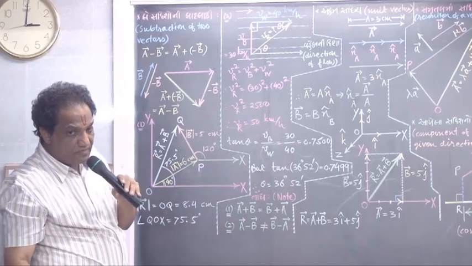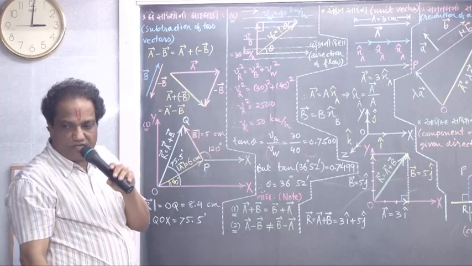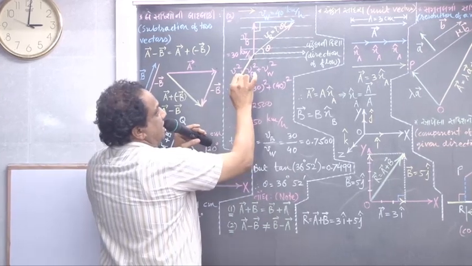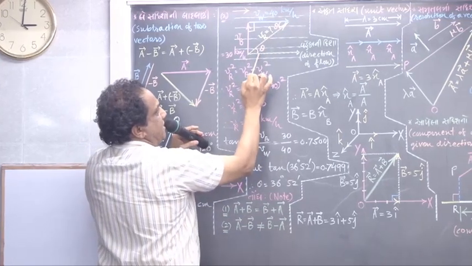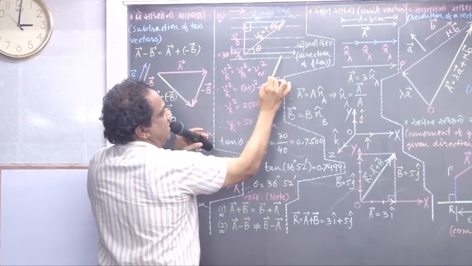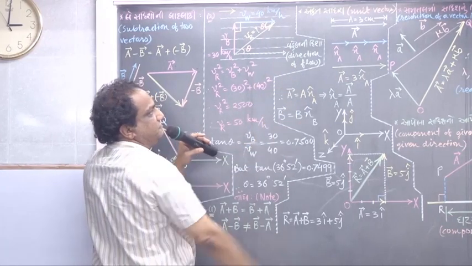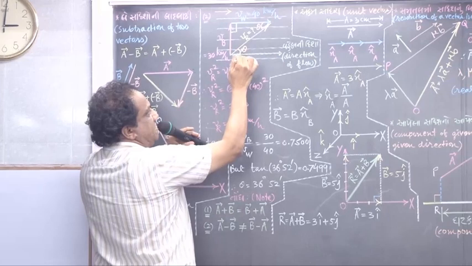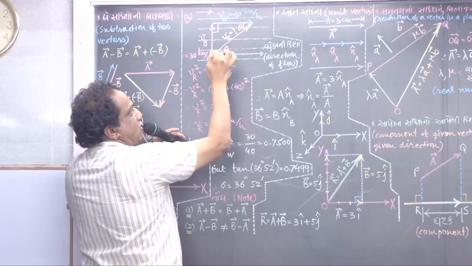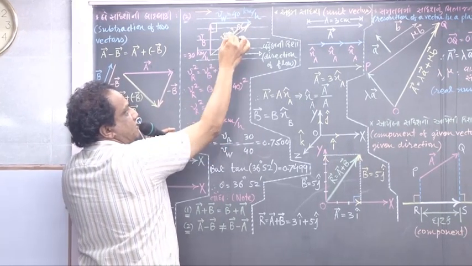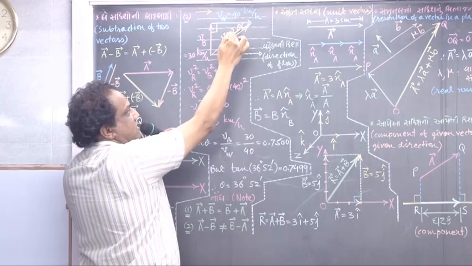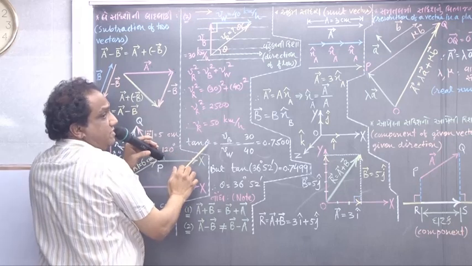Still we have to find out direction. Look here. Direction of this makes angle theta with direction of flow. If this angle is theta, this also will be theta, alternate angle, so they have to be equal. Now in this right angle triangle, what is tan theta?